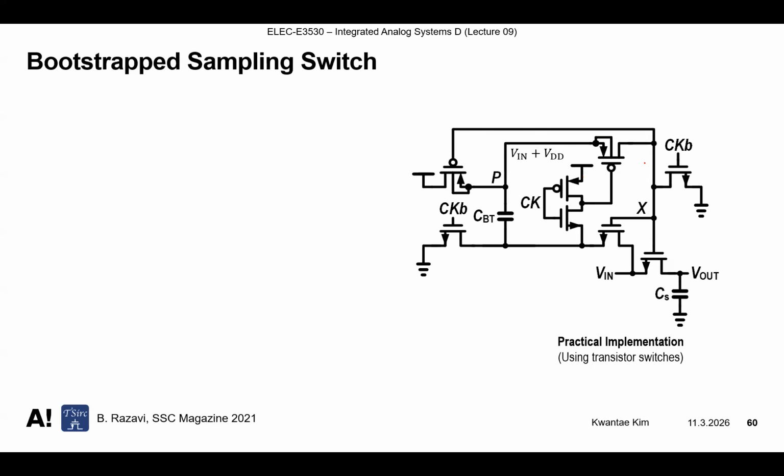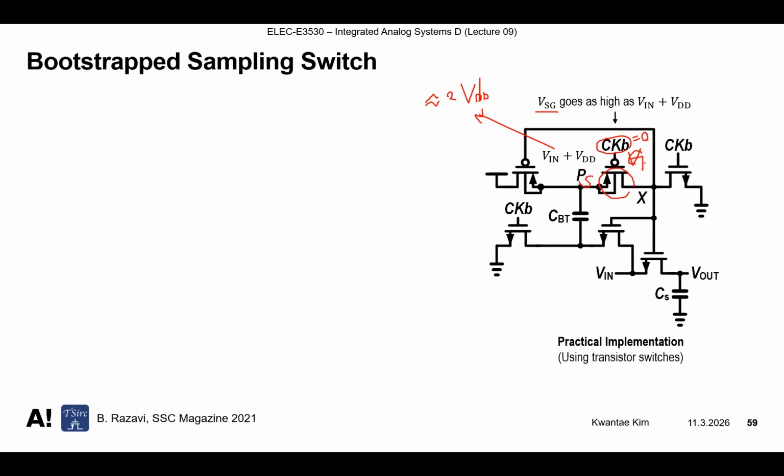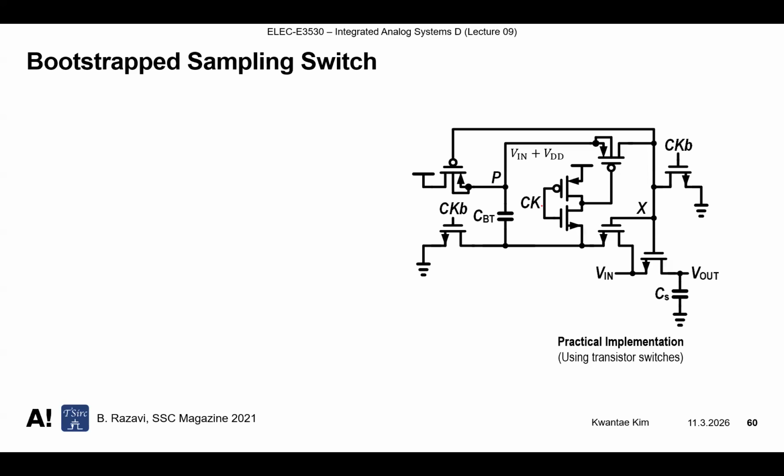So we can realize it this way. It looks complicated, from here to there, but the core concept is this. We want to make sure the gate voltage swings between VDD and V-in, such that when this voltage is kept at VDD, the transistor turns off.